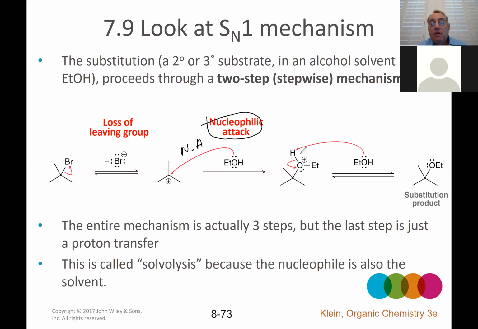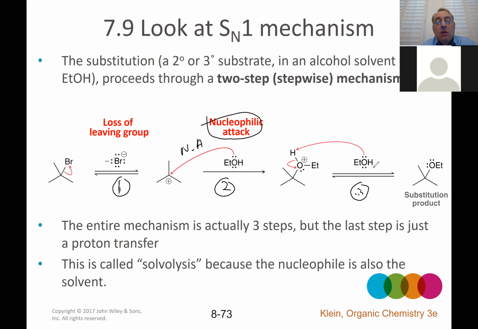Because this still has an acidic hydrogen, you get a step where it loses its proton. A second molecule of ethanol takes off the proton, and you form the substitution product, which in this case is an ether. So the actual mechanism is three steps: loss of the leaving group, nucleophilic attack, and then a proton transfer to neutralize the product.